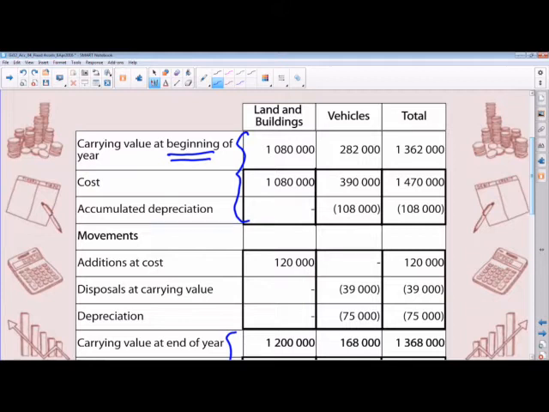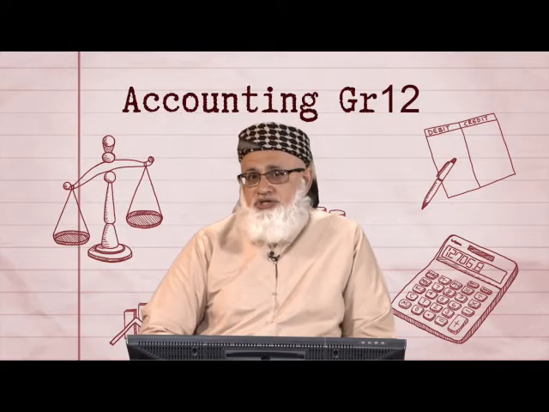Now, land and buildings, obviously you know, does not have accumulated depreciation, right? When it comes to your vehicles, you've got your cost at the beginning of the year and you subtract your accumulated depreciation. And this brings me now to a point where I have to ask you a question.